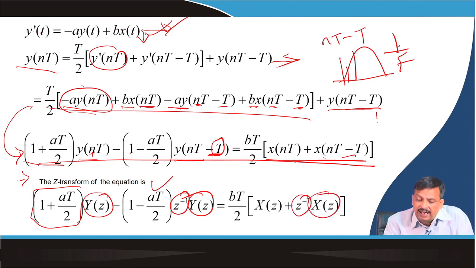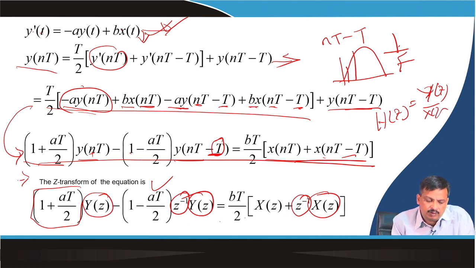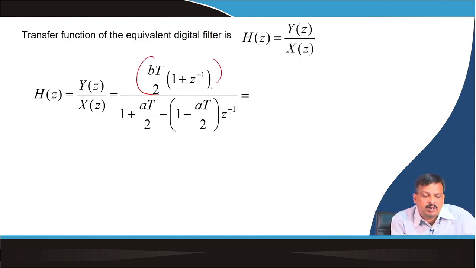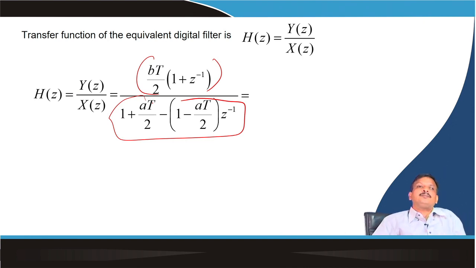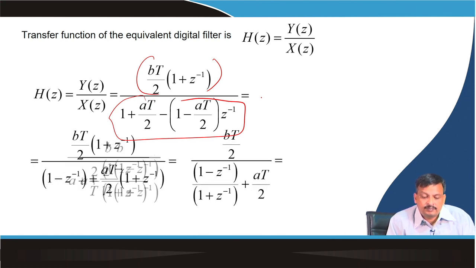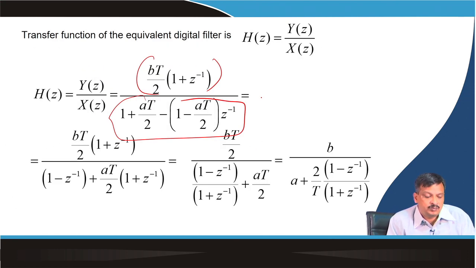Now I know H(z) is equal to Y(z) divided by X(z). Do that, Y(z) by X(z). So it will be bT by 2 into (1 plus z to the power minus 1) divided by this one. So I get H(z). Just simplification: bT by 2 into (1 plus z inverse) into aT by 2.